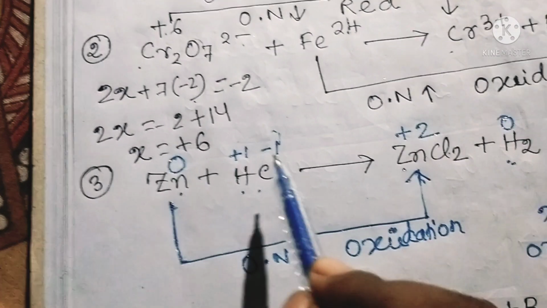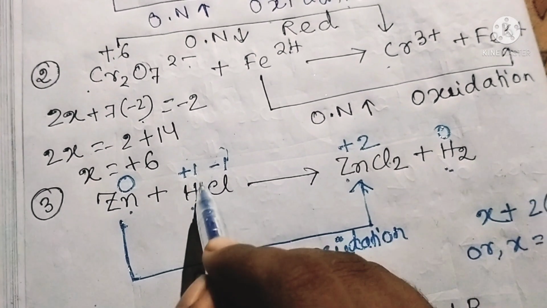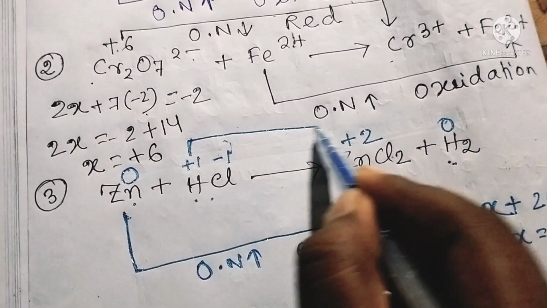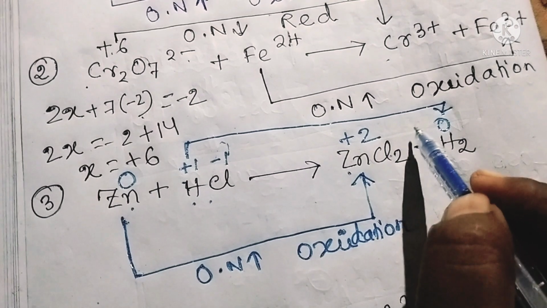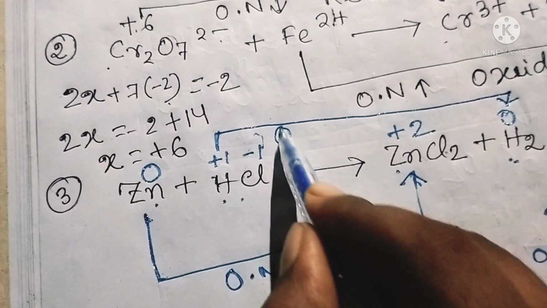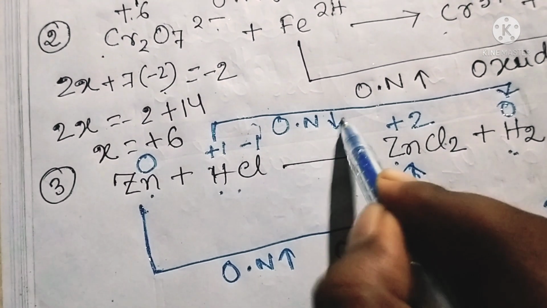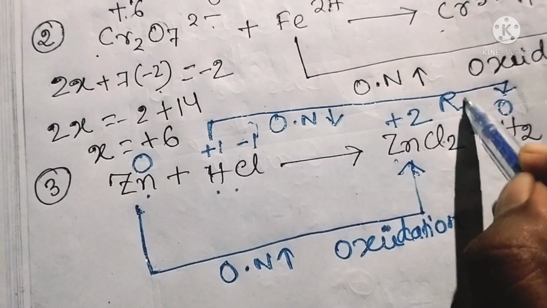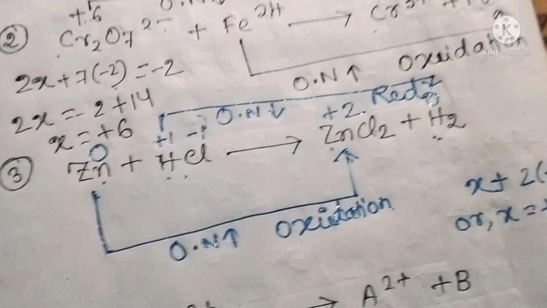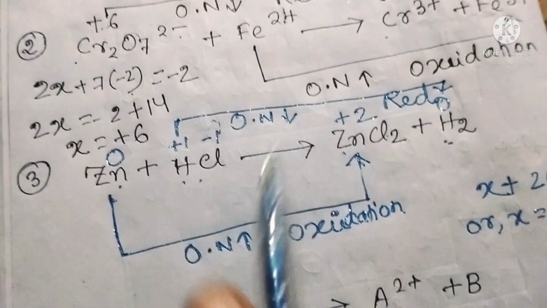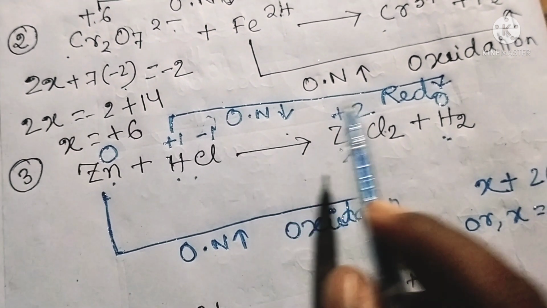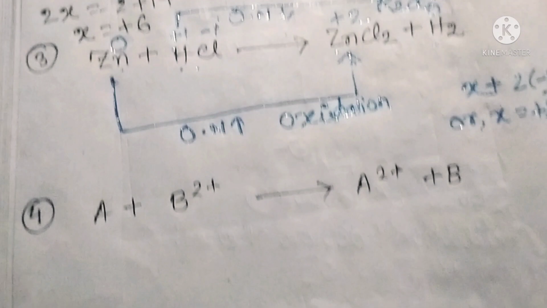And what happens from this hydrogen to this hydrogen? Here plus 1 and here 0. That means oxidation number decreases, that means reduction occurs. So when oxidation number increases, oxidation occurs. When oxidation number decreases, reduction occurs.